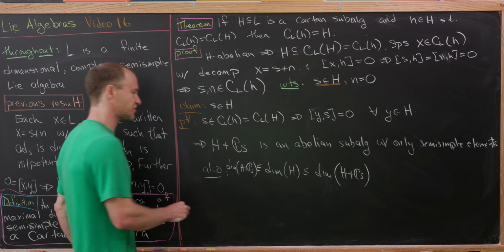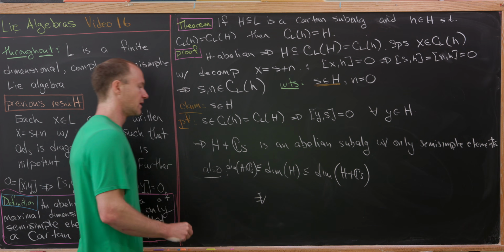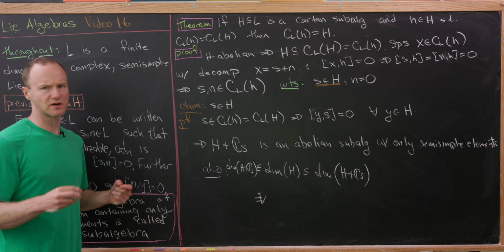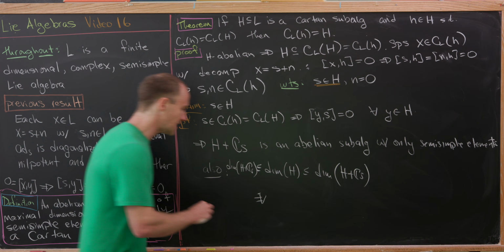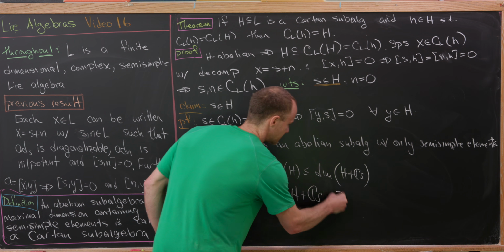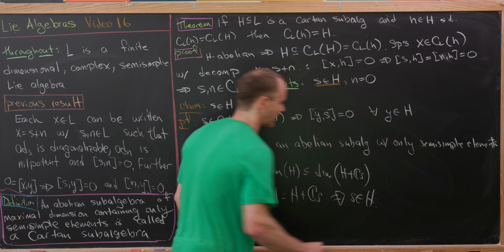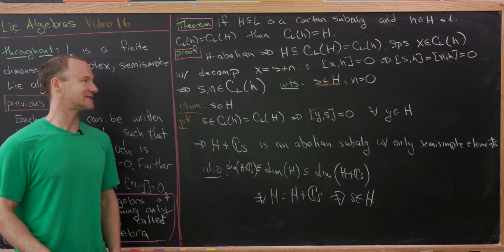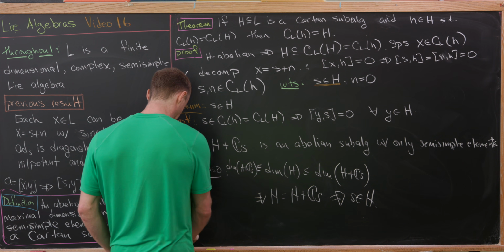So we've sandwiched these together, and their dimensions have to be equal, meaning that H is equal to H plus CS, but that can only hold if S is inside of H, as needed for this claim.